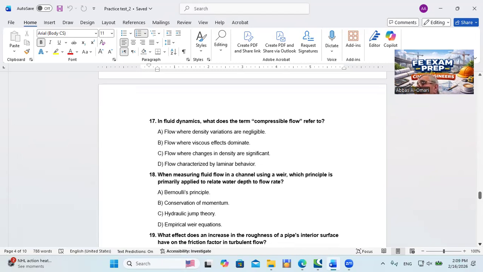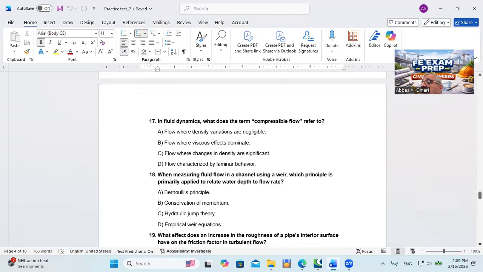Usually, airflow is compressible flow. Air is a compressible fluid. Water is usually incompressible for most applications. Water becomes compressible in transient flows, which occur when unusually high pressure occurs because of pump failure or sudden pipe closure.